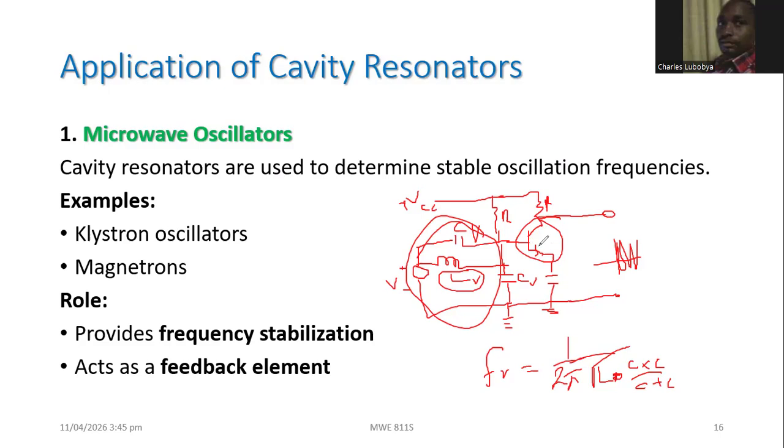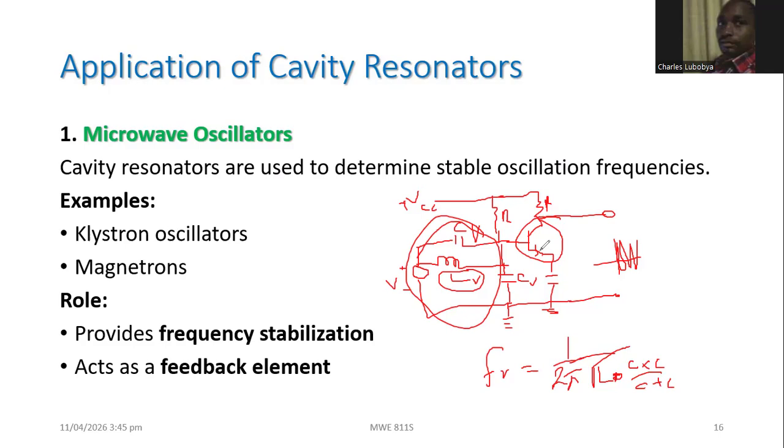Normally, most of these microwave oscillators have what is known as the cathode and the anode inside. The cathode and the anode generate some kind of magnetic field, right? So it will create some magnetic field. And it is that component which then acts like an amplifier.